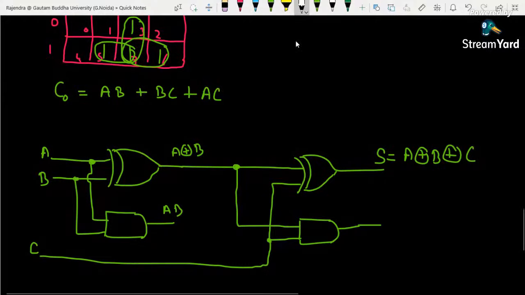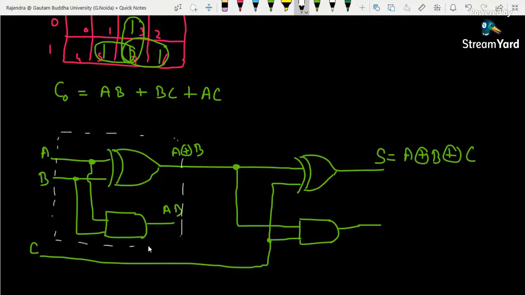So this first block is a half adder block, and similarly this is also a half adder block.